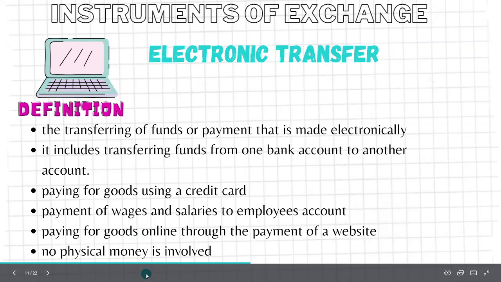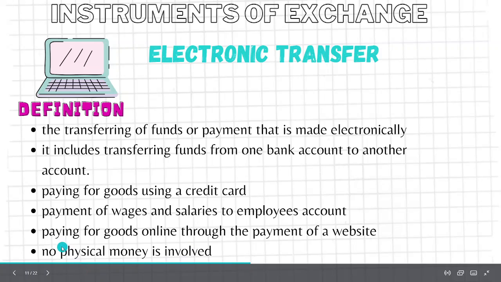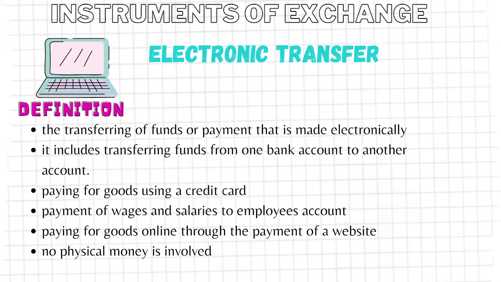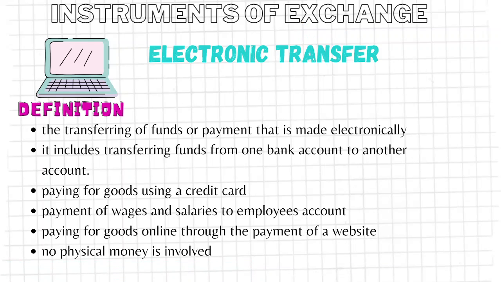And you will see in the advantages later on that it allows the transaction to occur at once. It also includes paying for goods and services online, and this is usually done on a website. No physical money is involved in this particular transaction unless you decide to go to your bank and withdraw the money.